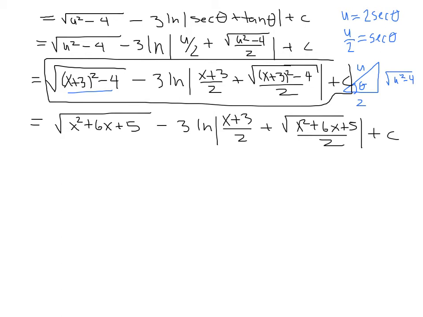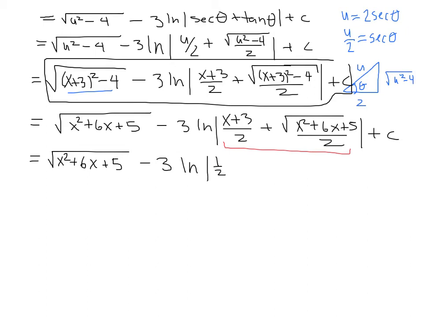Another thing to also notice is that much like there was an earlier example in previous notes where we factored out a 1/6, here you can factor out a 1/2 from inside the natural log. So we have the root of x squared plus 6x plus 5 minus 3 times ln of 1/2 multiplied by the x plus 3 plus the root of x squared plus 6x plus 5.